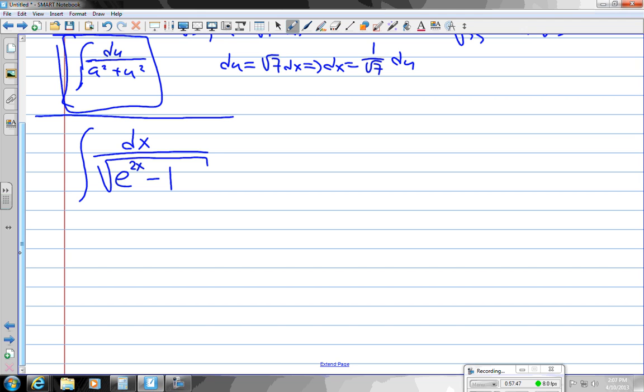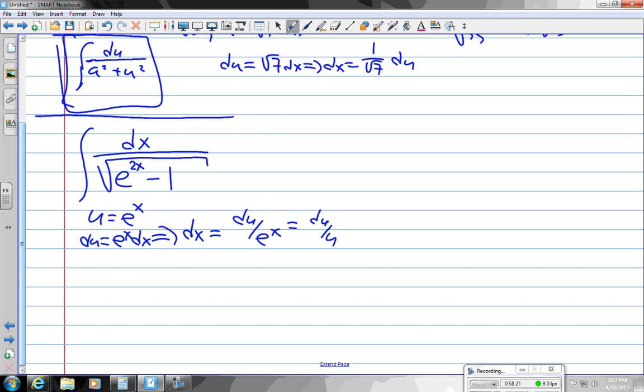What function squared equals e to the 2x? e to the x, right? So I'm going to let u equal e to the x. Then du is also e to the x dx. So that means dx equals du over e to the x. And what is e to the x again in this problem? u. So dx is du over u.